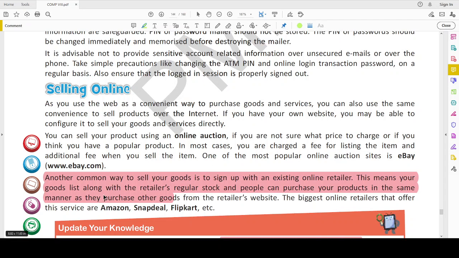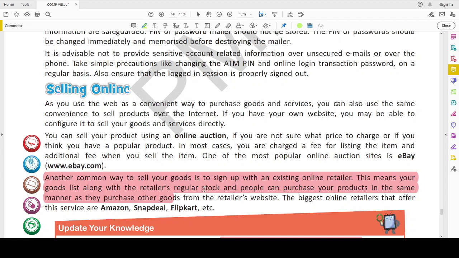Another common way to sell your goods is to sign up with an existing online retailer. The big online retailers like Amazon, Flipkart, Snapdeal give you the facility to enlist your product with their products.